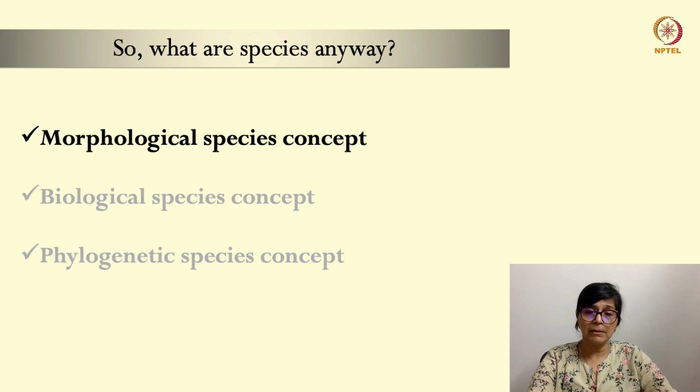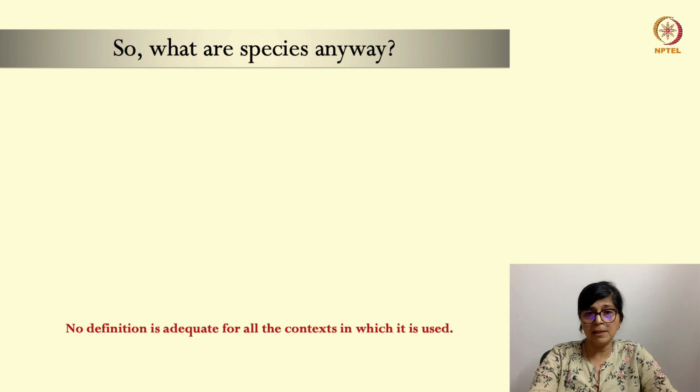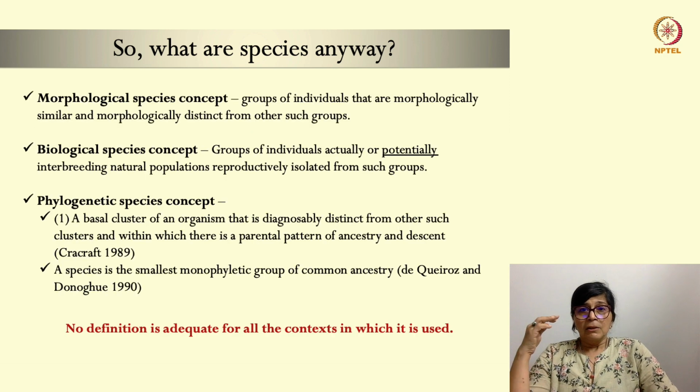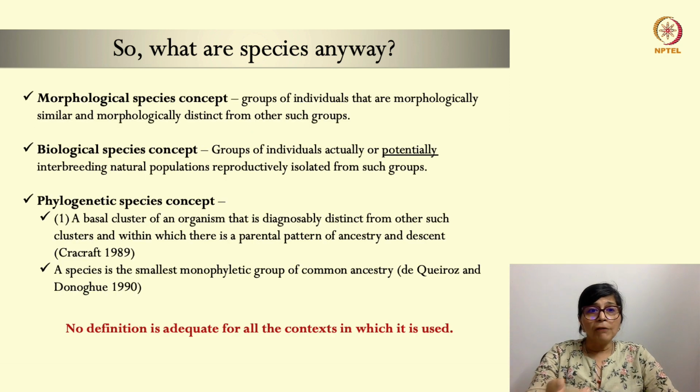Morphological species concept. Needless to say, the name suggests groups of individuals that are morphologically similar, or morphologically distinct from other such groups. You don't need to read the whole slide here, just concentrate on the morphological species concept.